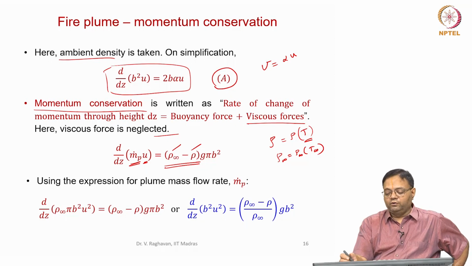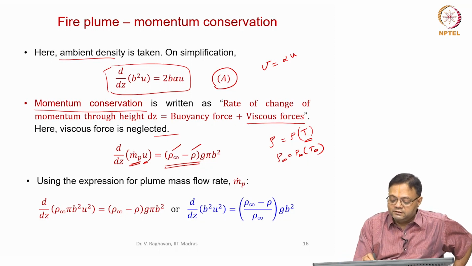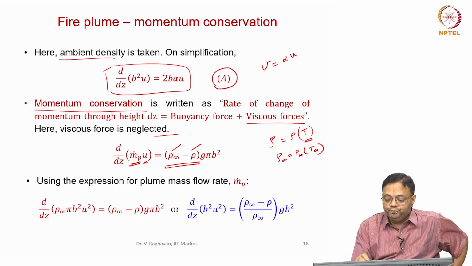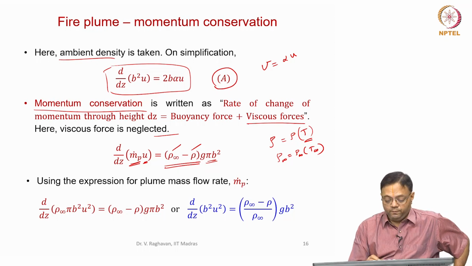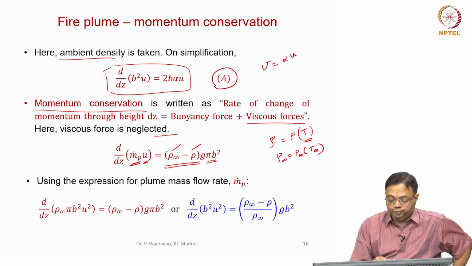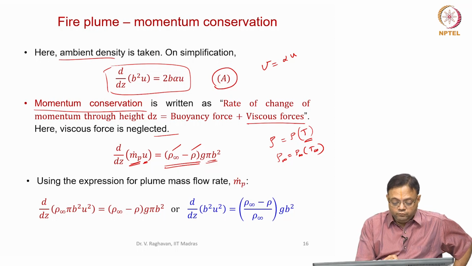that is equal to the buoyancy force. Viscous force is not included. So buoyancy force is density difference into g, which is the force per unit volume, into pi b square, the area. Now I substitute for m dot p. Please understand that rho pi b square u into u gives the u square here.